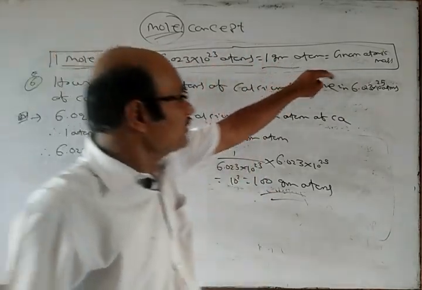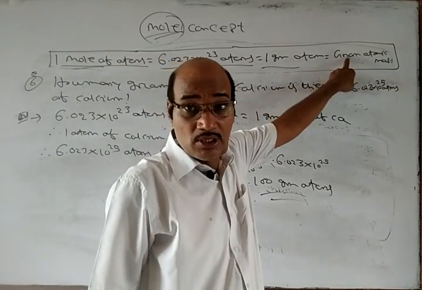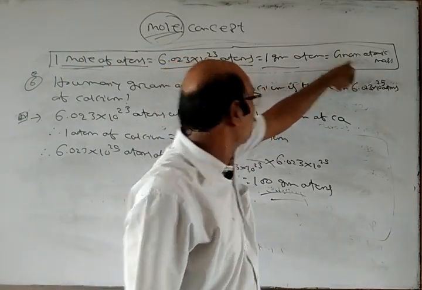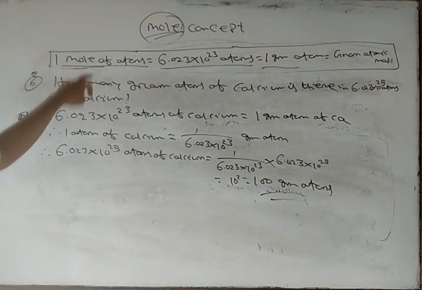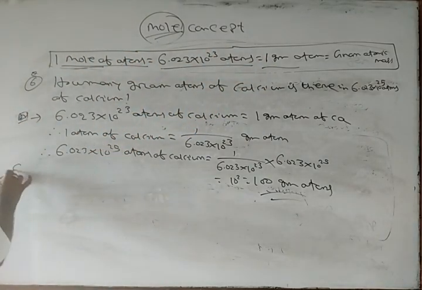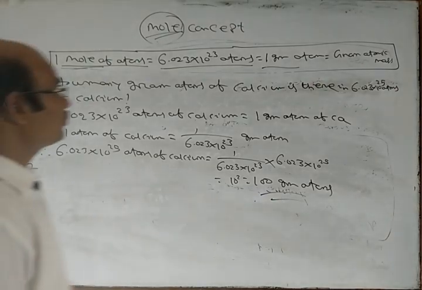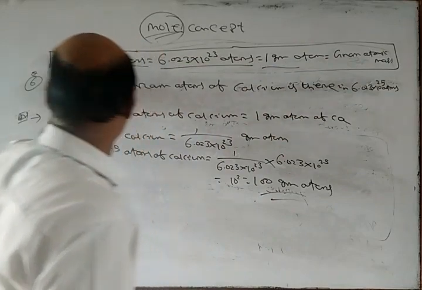Now we have the gram atom mass. From this gram atom mass we can relate to gram atom, to number of atoms, and to moles also. Okay, now question number 7. Now see, how can we convert gram atom mass into mole?